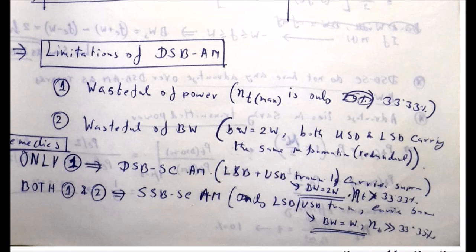That's why this is called single sideband suppressed carrier modulation, where only a single sideband will be transmitted, so it will save bandwidth, and it will also suppress the carrier. That's why lots of power will be saved.